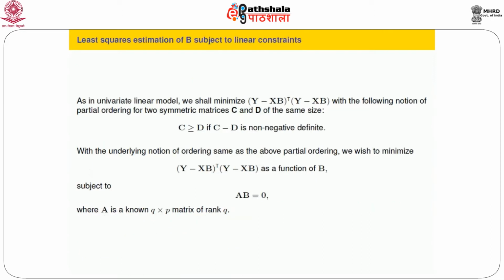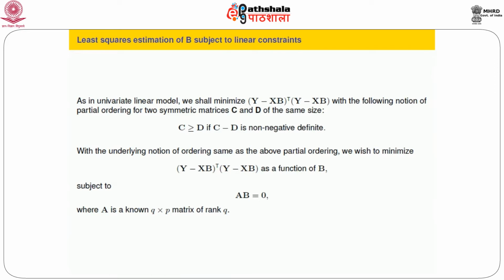So when we are talking about least squares estimation, before we go ahead with the formal treatment, we should ask and answer: what is least squares? What is the mathematical description of least squares in this case? In the univariate linear model, we minimized (y minus X beta) transpose (y minus X beta).